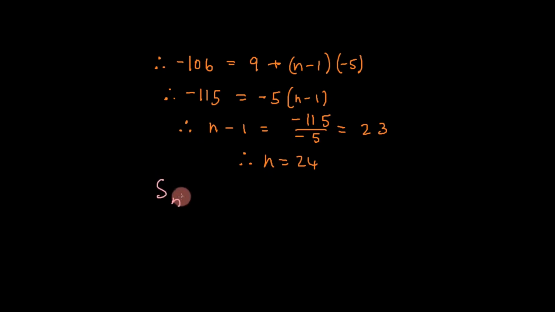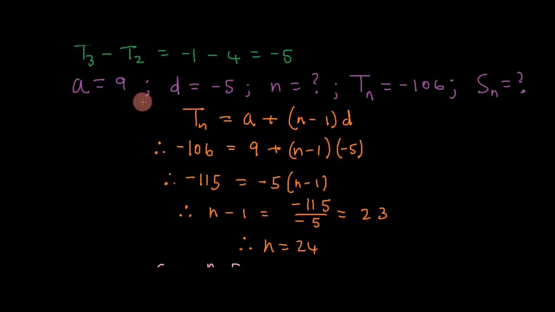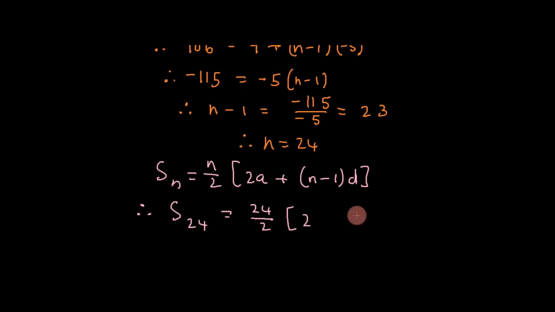So S sub n equals n over 2 into 2a plus n minus 1 times d. And we want S sub 24. And of course a was equal to 9. So 2 times 9 plus n minus 1, which is 24 minus 1, which is 23, and d was -5.